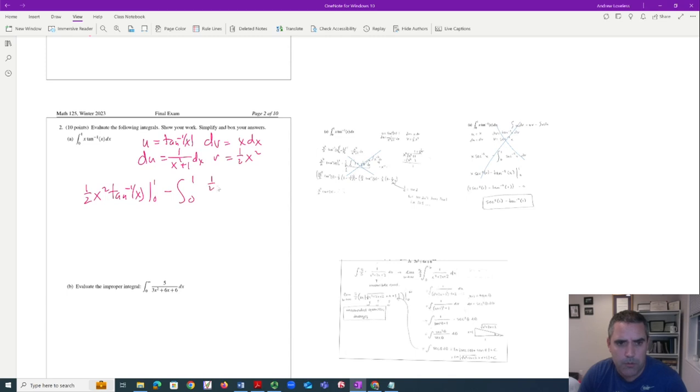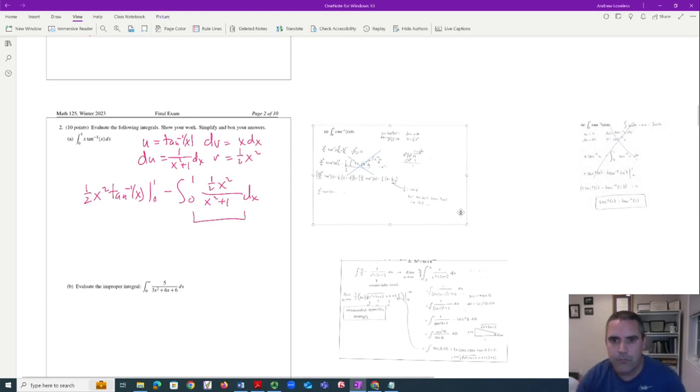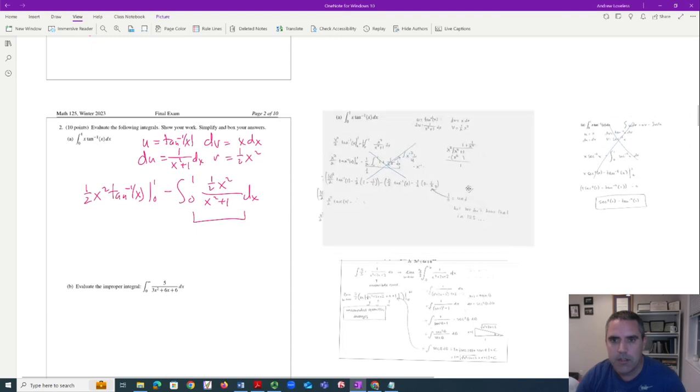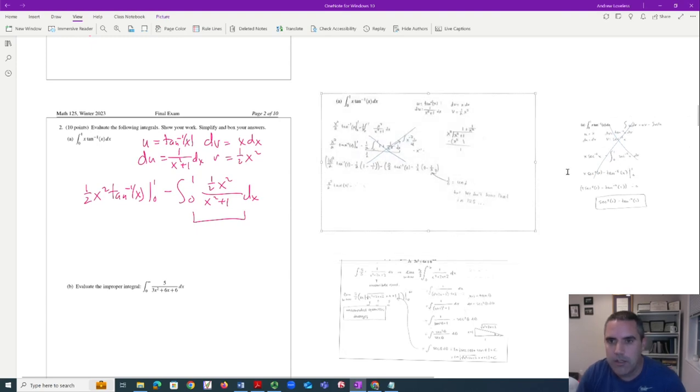And what I remember the most from this exam was students getting stuck right here. And it appears that both of these, I grabbed a couple. This student got stuck right here. They knew long division was important, but they didn't know how long division worked.